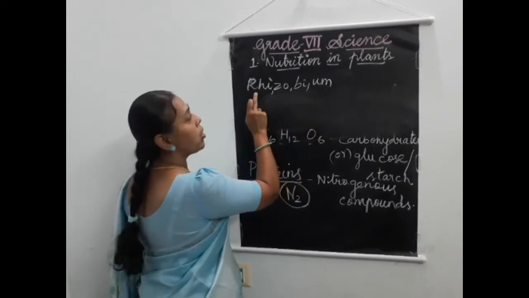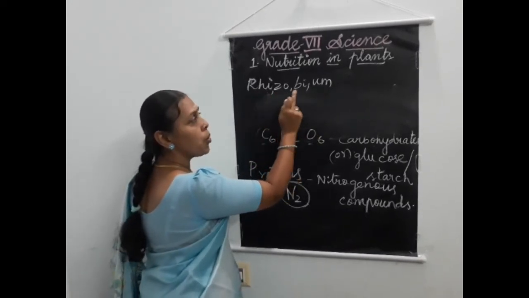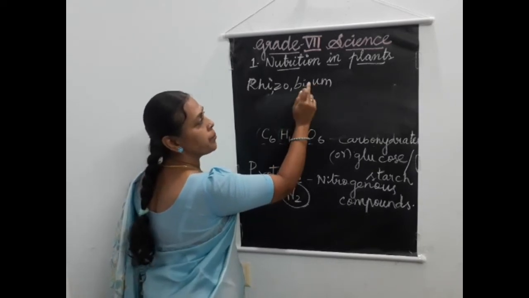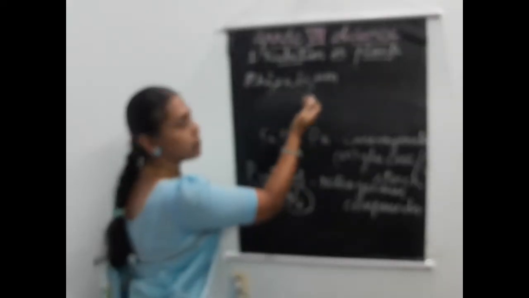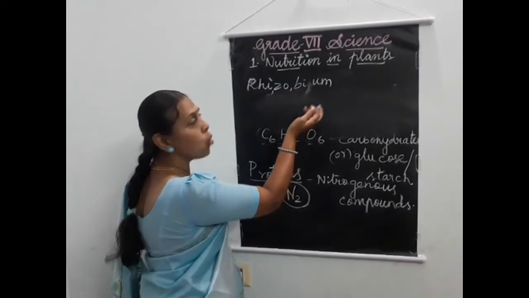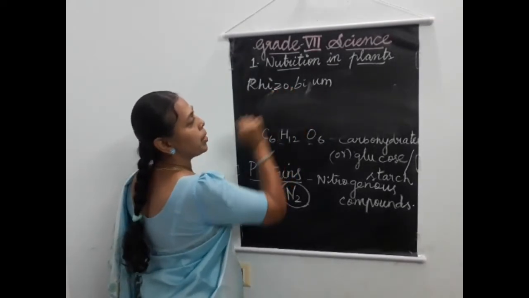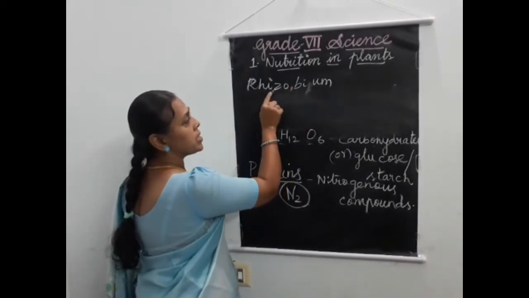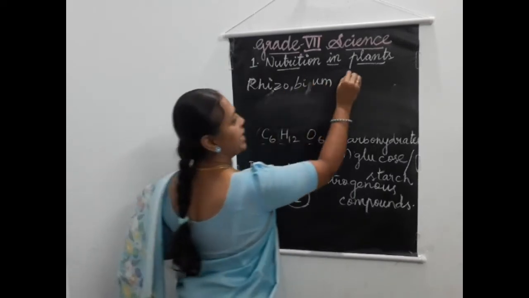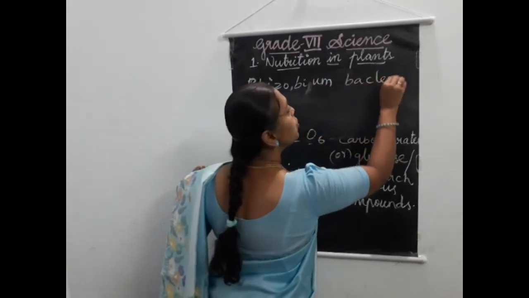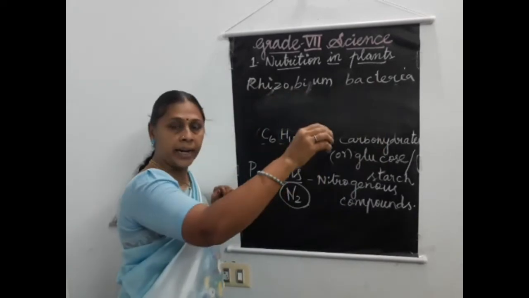Rhizobium. I just syllabified that word, so you know how to read it. Rhizobium bacteria help to fix the atmospheric nitrogen.